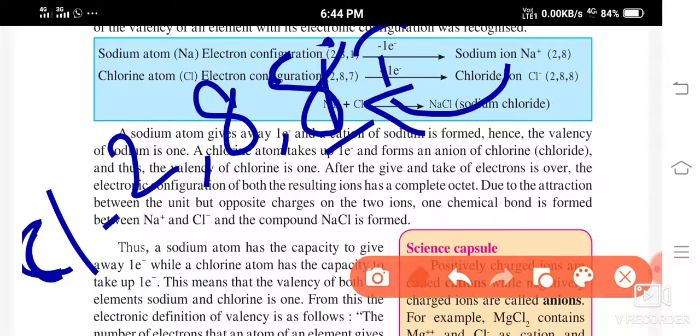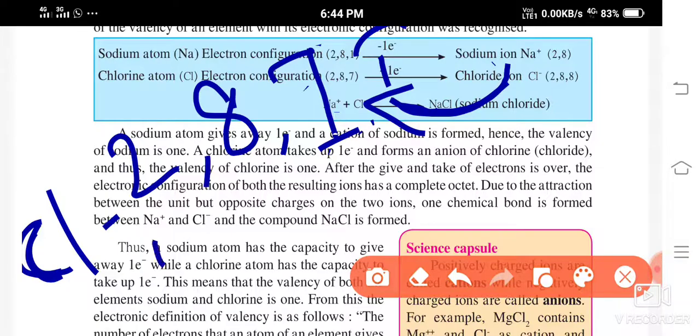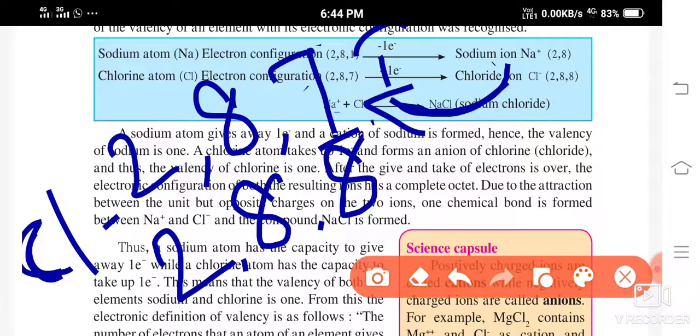Now you tell me whether it is easy to give away the 7 electrons or take 1 electron. Of course, it is easier to take 1 electron instead of giving away the 7. If it takes 1 electron, it is going to become 2, 8 and 8. Now it has attained the stable state.